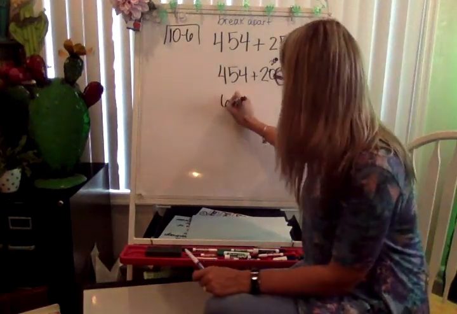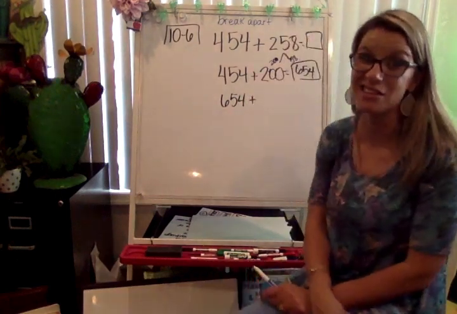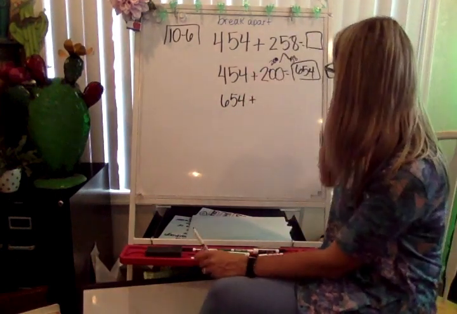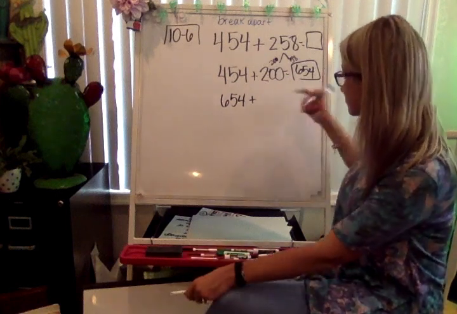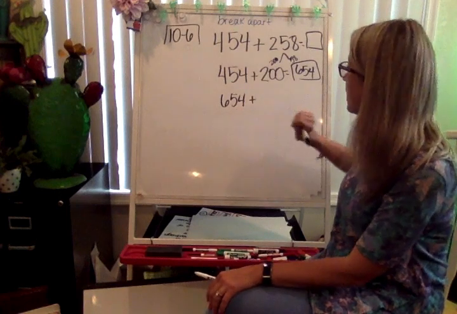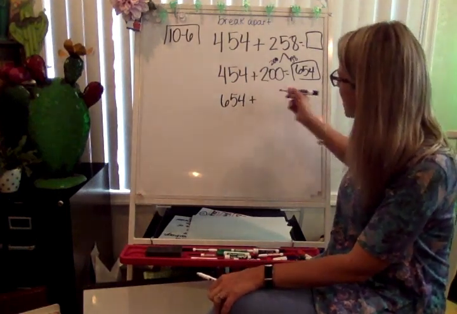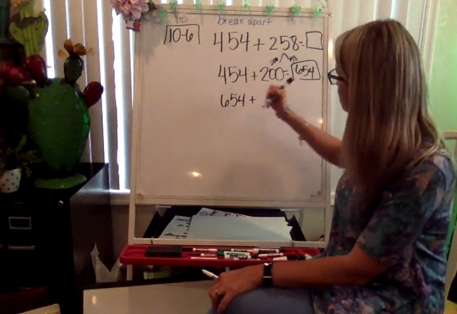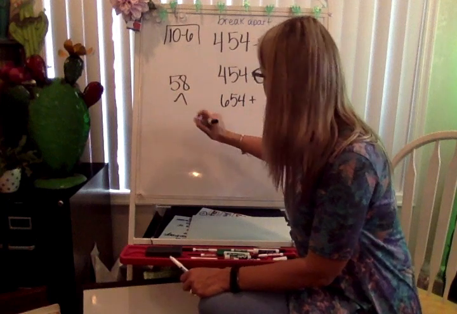So 654 plus 58, that's a little bit hard to do. I'm going to break off some of those numbers. This 54 needs some more in order to get to the next 10. So I'm going to put my 58 here, and I'm going to break off some of this.